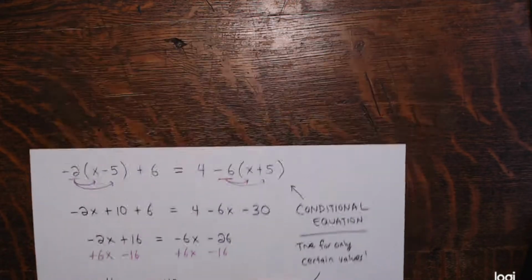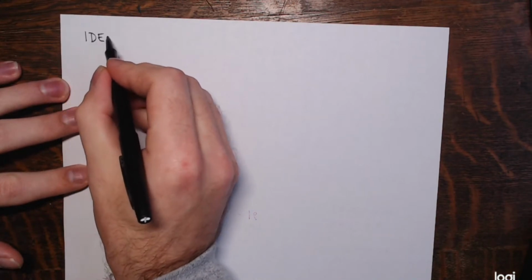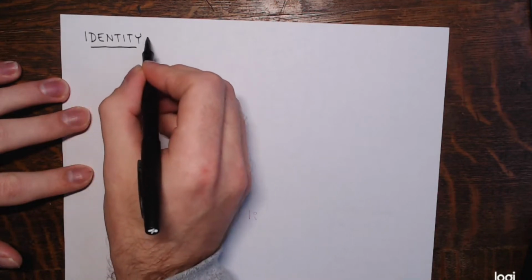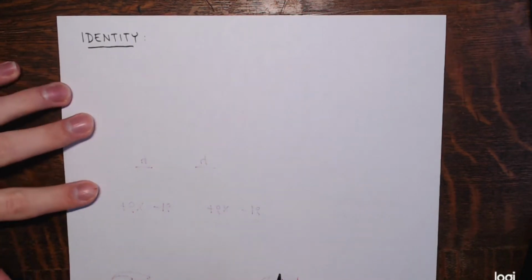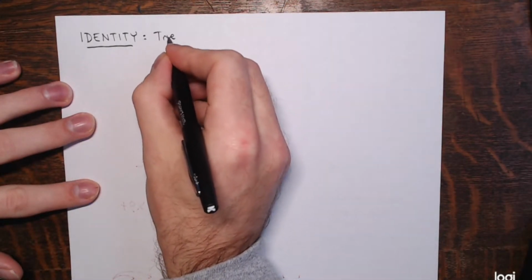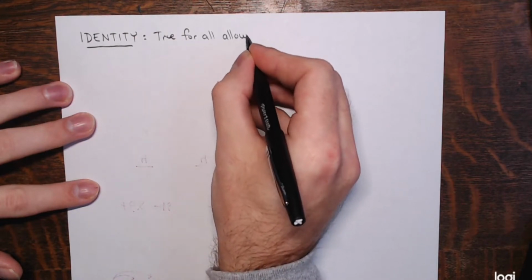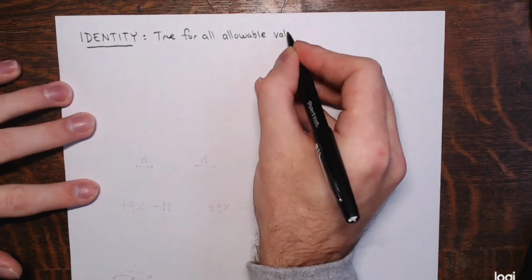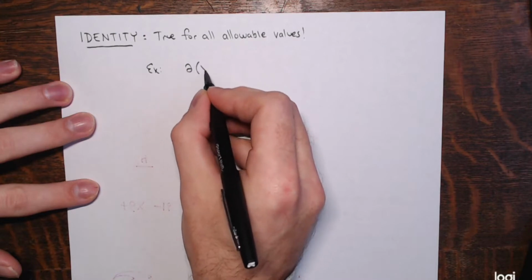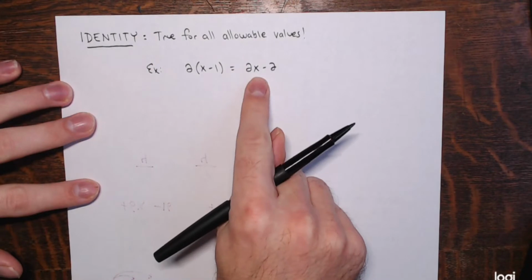Now, the other two types they mention, they have identities. An identity is something that's true for every value, true for all allowable values of the variable. So for example, if I had 2 times the quantity x minus 1 equals 2x minus 2, these expressions are exactly the same.